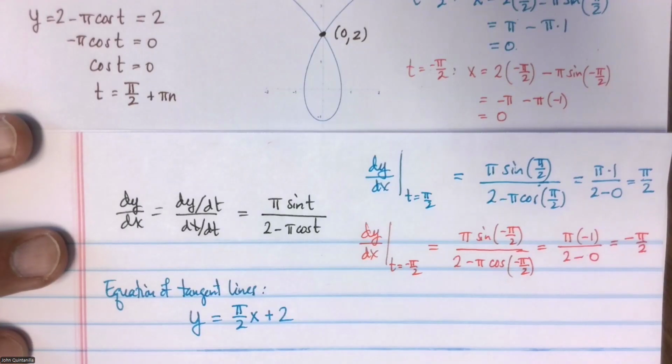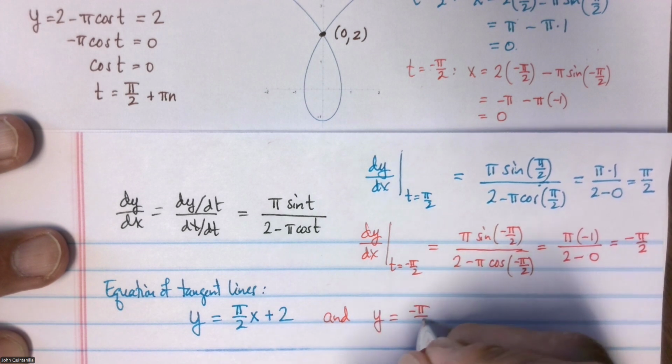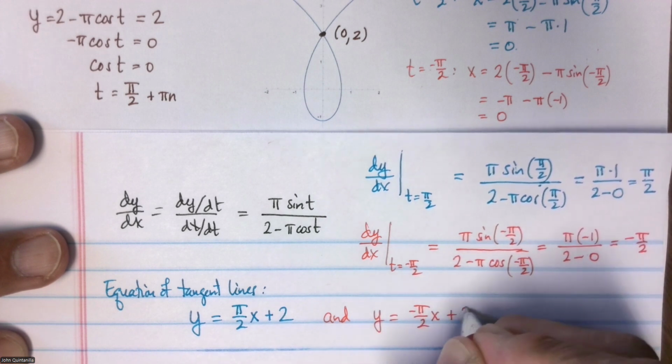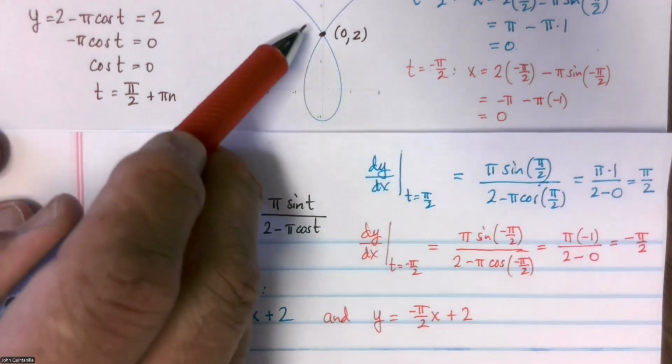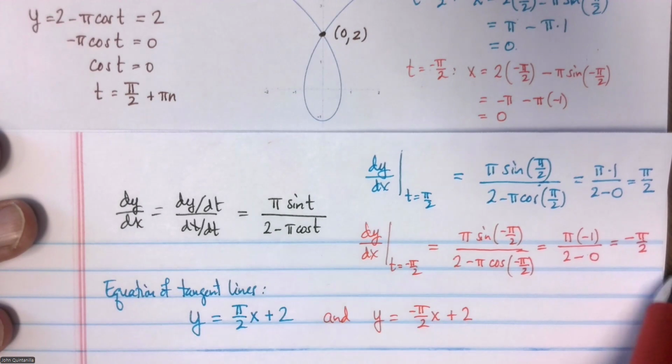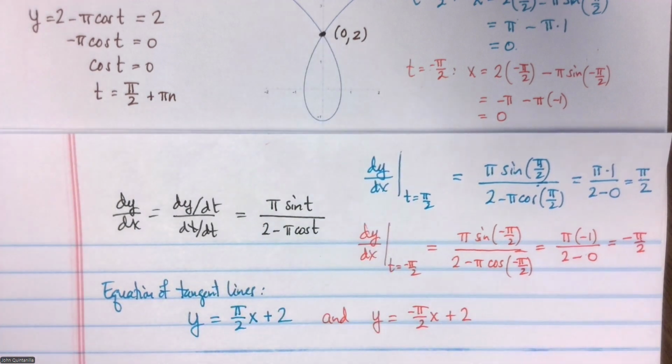That would be one equation. And the other one will be y is equal to negative pi over 2 times x plus 2. That would be the other line where the y-intercept is 2 and the slope is negative pi over 2. And so those are the equations of the two tangent lines to the curve as it passes through 0, 2.